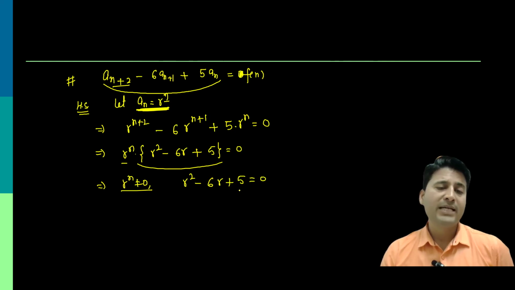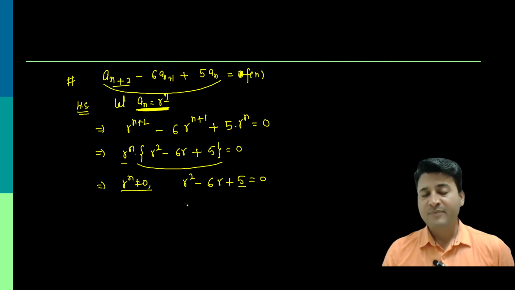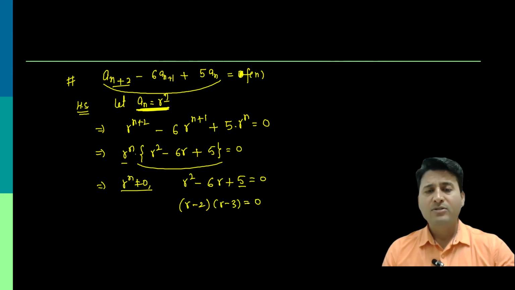Now find the roots of the equation. The factors of 5 whose sum comes out as 6. So r minus 2, r minus 3 equals 0.